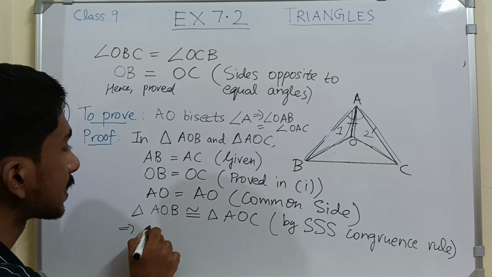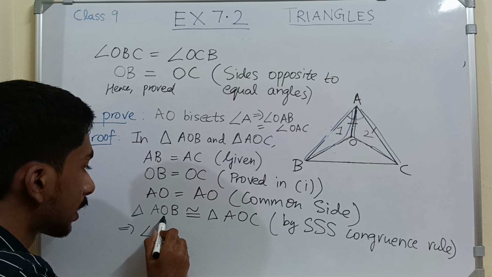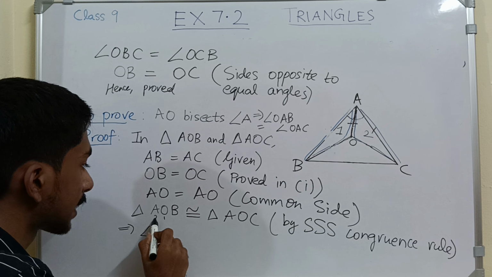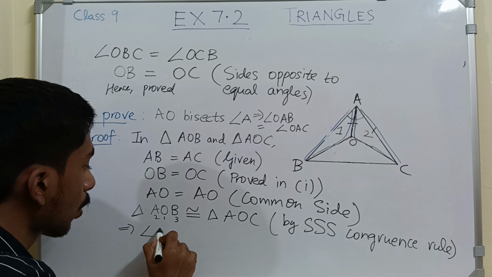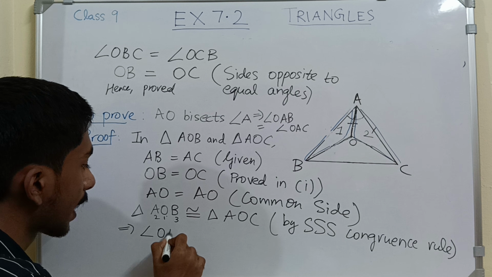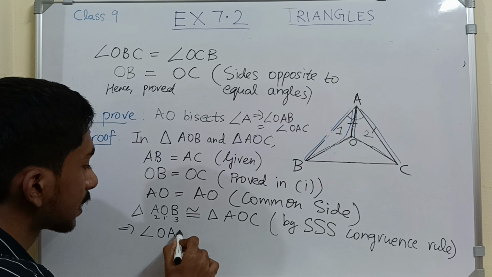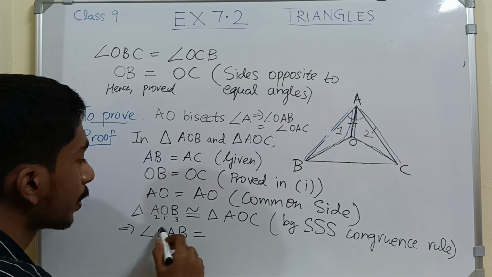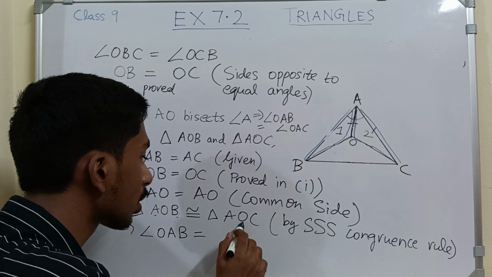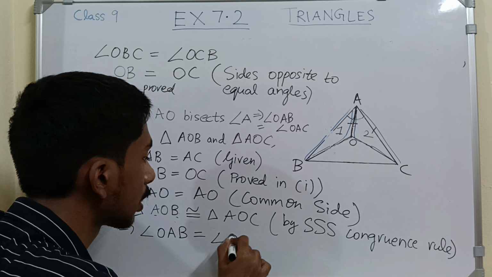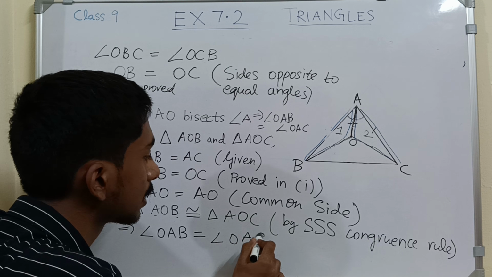So this implies, see, I am going to take this letter. First, second, third. O is the first letter, A is the second letter, B is the third letter. OAB, second letter, first letter, third letter. So I have to take the same order here also.